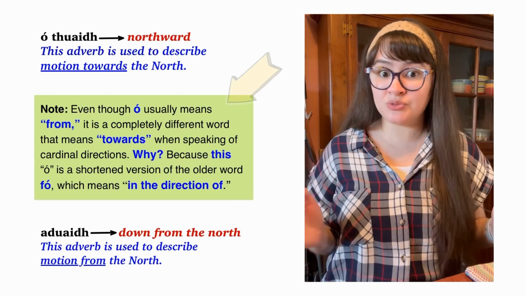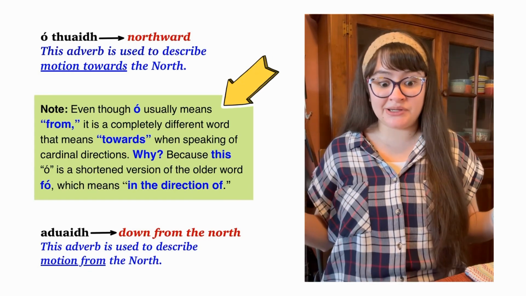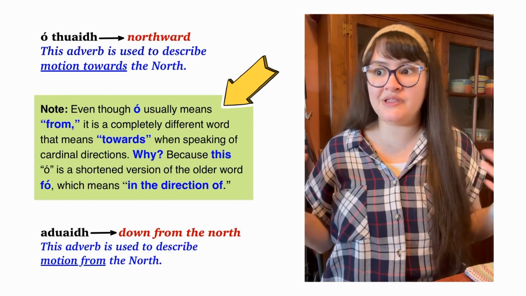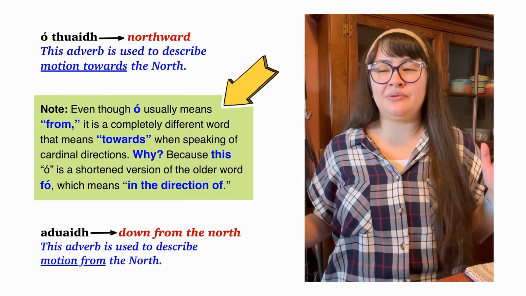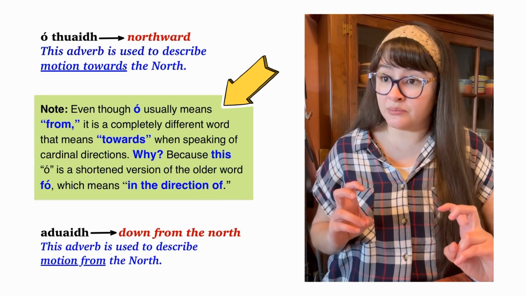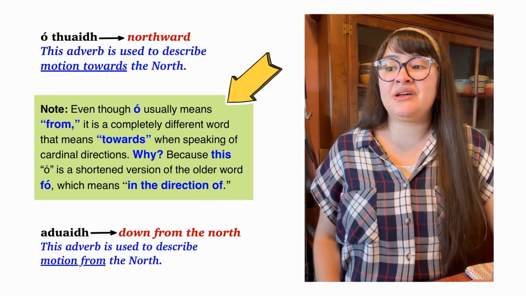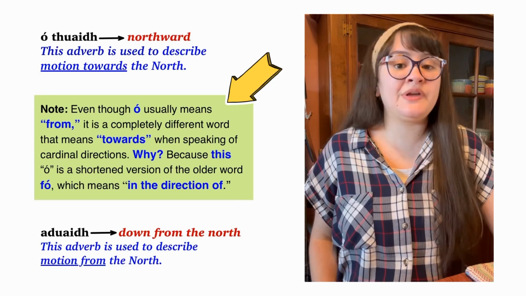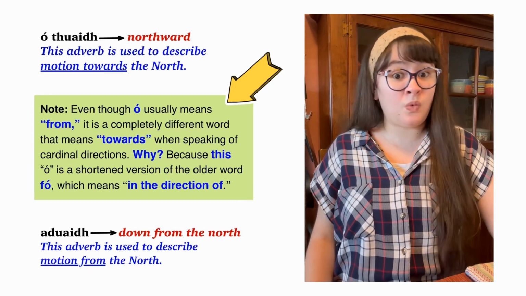Now in the green box below that, I'm going to explain something that had me confused for a long time, but I finally found the answer to it. So note, even though O usually means from in Irish, it's a completely different word that means towards when speaking of cardinal directions. Why?